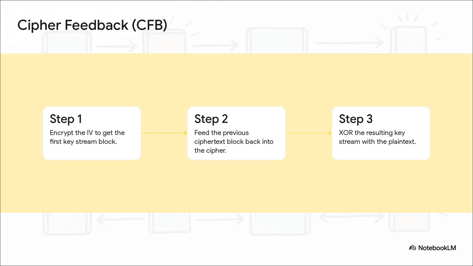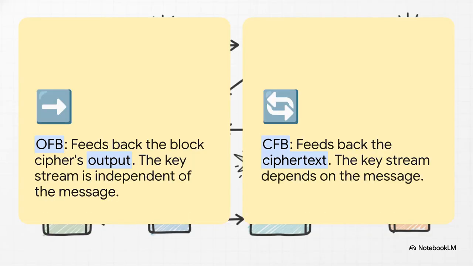It's a subtle change, but it makes a world of difference in how it behaves. So let's just nail this down, because it's important. In OFB, because you're only feeding back the cipher's own output, the keystream is totally independent of your actual message. You could generate the entire thing ahead of time if you wanted to. But with CFB, the keystream depends on the message because you're using the ciphertext from the previous step to create the key for the next one, a really critical architectural difference.